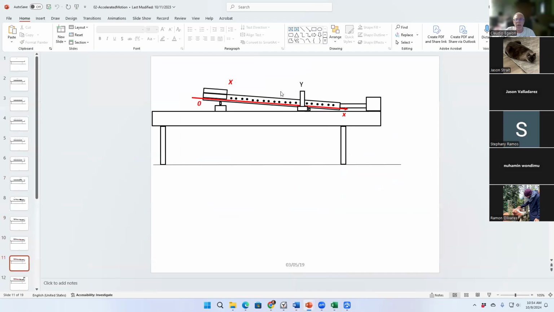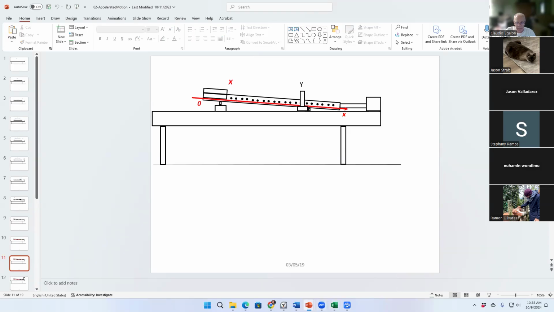I put my photo gate somewhere downstream on the air track. You do not want this photo gate too close to the end, but you don't want it too far away either. Okay, and a good place to put your photo gate would be close to this leg here. This position of the photo gate, I call position Y.